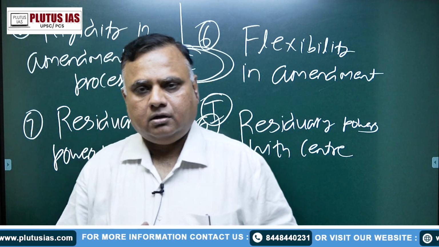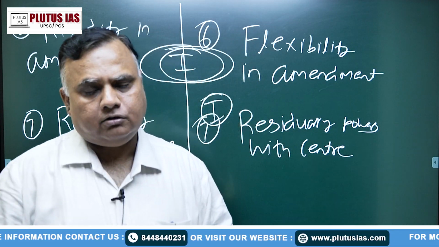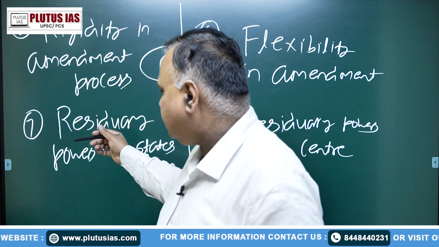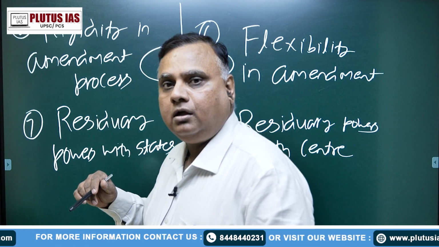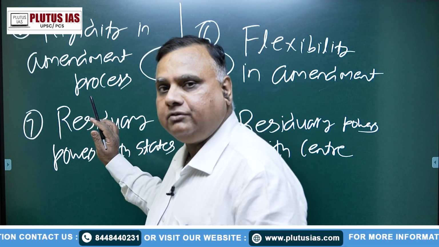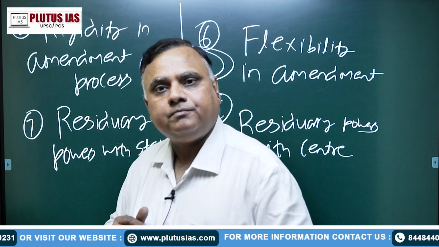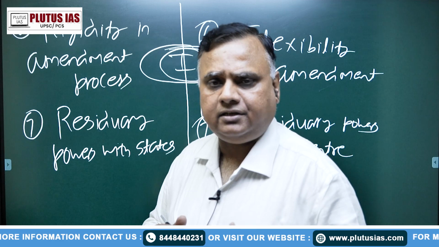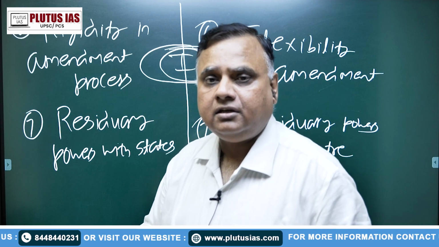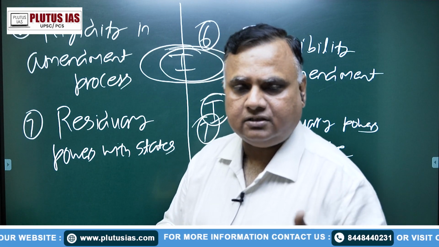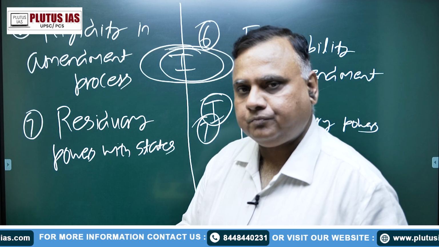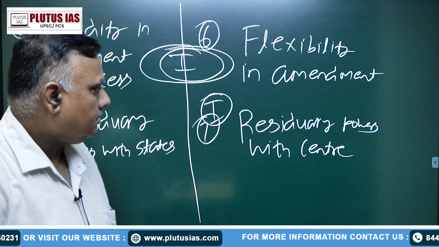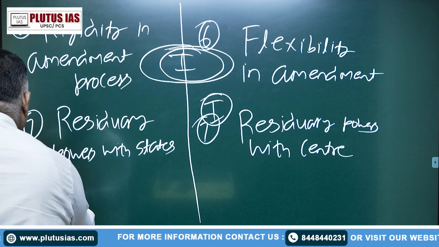So residuary powers in Canada are also with the center, like India. But residuary powers in America, Nigeria, Germany, they are truly federal. They are with the states. Australia has three lists: central list, state list, concurrent list. Our three lists in Schedule 7 and Article 246 are inspired from the Australian Constitution. So this is regarding residuary powers.